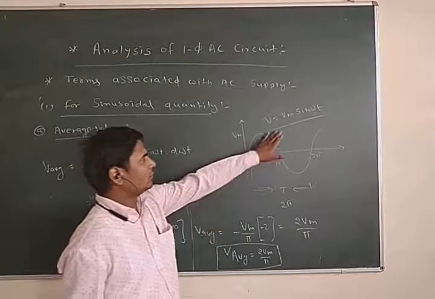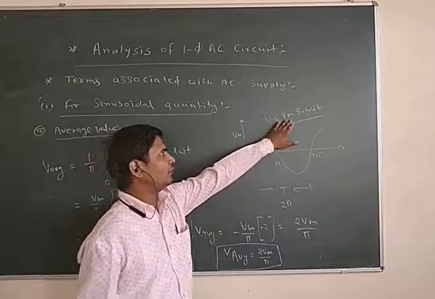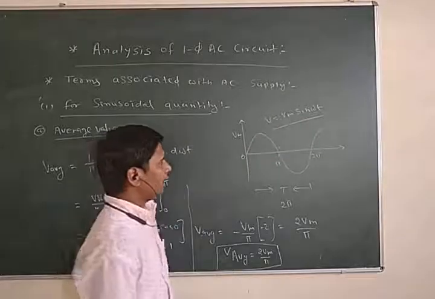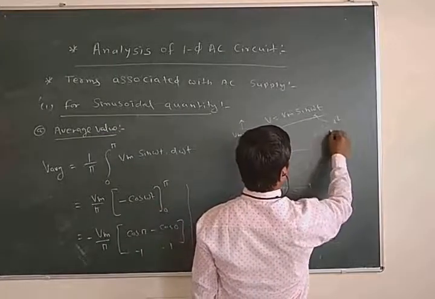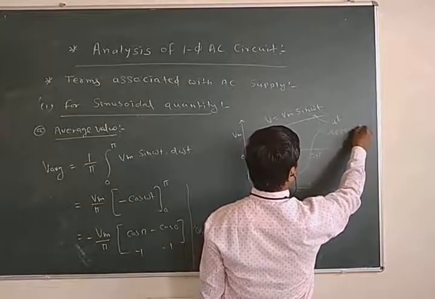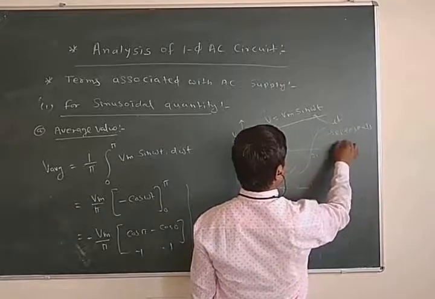In this function, v is equal to Vm sin omega t, it represents the instantaneous value.